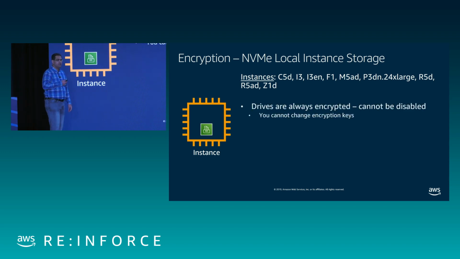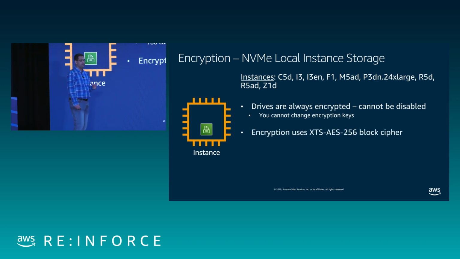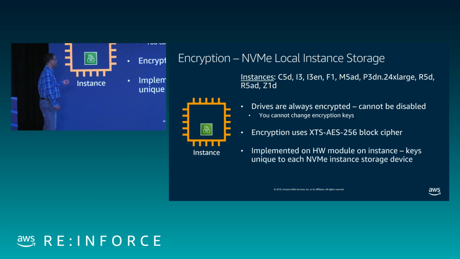These drives are always encrypted. They cannot be disabled. You cannot change the encryption key. So by definition, you get encryption on those volumes. In case you're curious, it uses XTS AES 256 as the block cipher. It is implemented on our Nitro module on the instance, and the keys are unique to each NVMe instance store device, right?